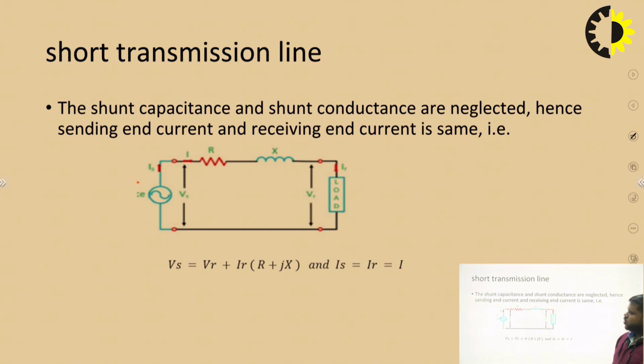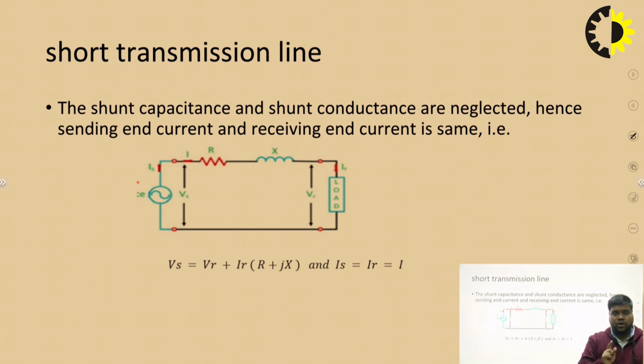So in a short transmission line, I have discussed in the previous slides that the capacitance will be neglected, will not be considered due to the low length and the low operating voltage in a short transmission line. So we use only inductance and resistance.